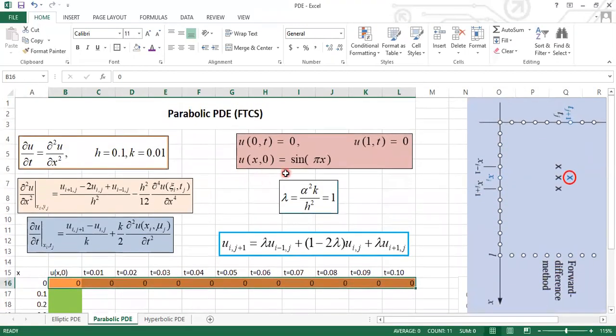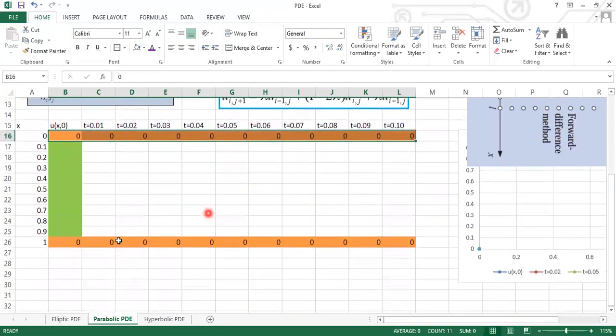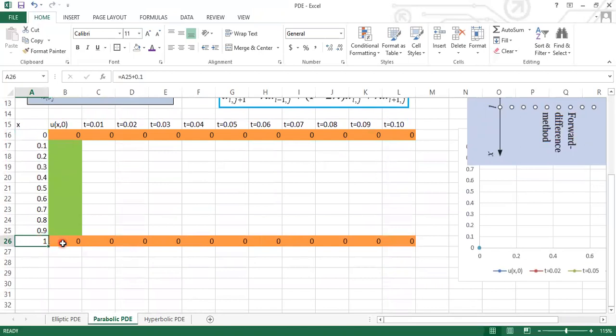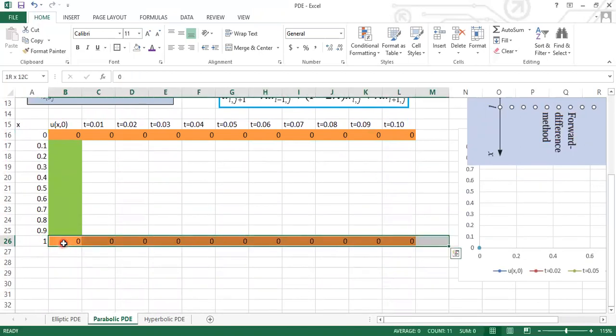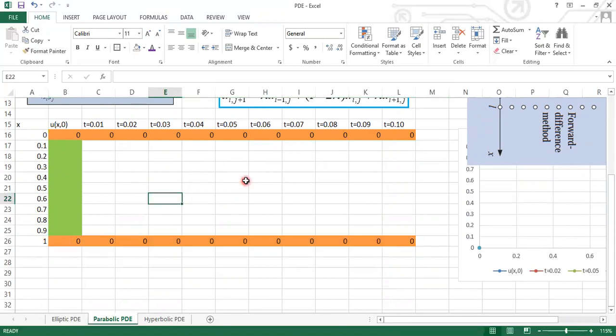Let's see the other boundary condition: u of 1, t is equal to 0. So at the other boundary, when x is equal to 1, the values are equal to 0. I developed the frame earlier for you.